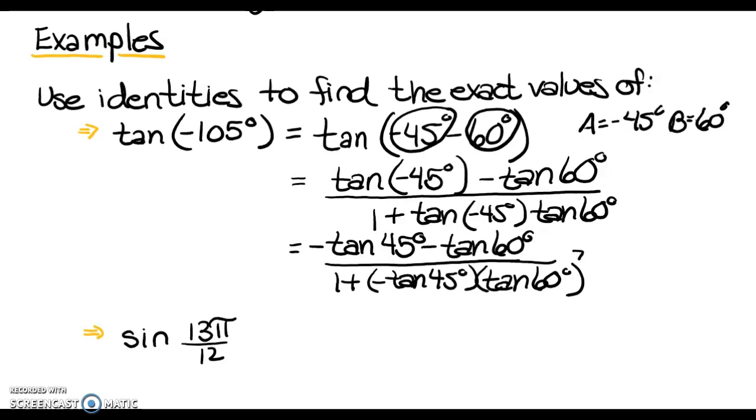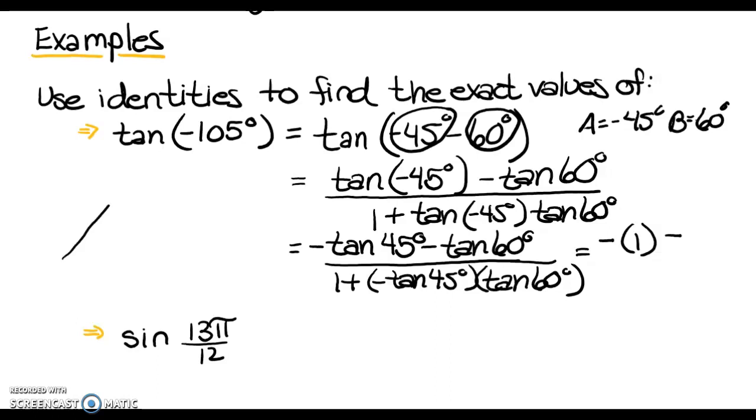The tangent of 45 degrees is 1, so I get negative 1 minus the tangent of 60 degrees.